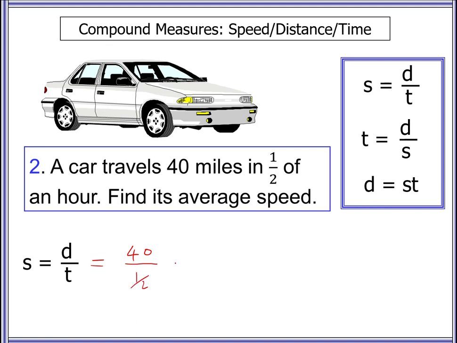Now there are two ways of doing this. You could do 40 divided by a half, or 0.5. You can also use the half and flip it. Remember, when we're dividing by fractions, we can do 40 times 2 over 1. So we flip the second fraction, the denominator, and that gives us 80 divided by 1, which is just 80 miles per hour.